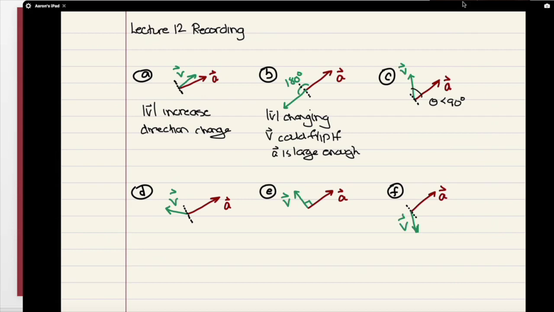So if I were to ask whether the velocity vector is pointing in the same direction as A, perpendicular to A, or anti-parallel to A, it's closer to pointing in the same direction as A. So again, that follows that they're both pointing more towards the same direction. I would say V will increase, and again change direction. The velocity vector will grow and try to point more in the direction of A.